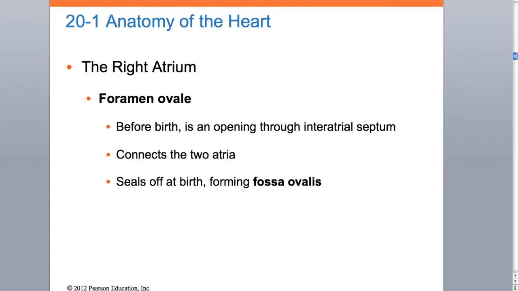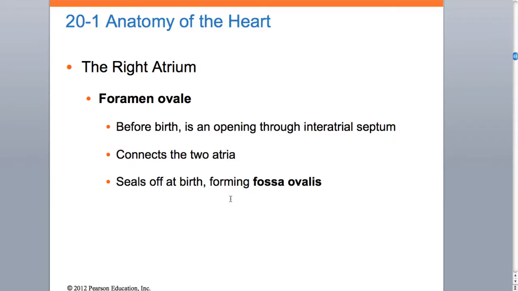Next slide. Now, this is what I mentioned about structures. Here's one structure. When you are an infant, when you are a fetus inside mommy's tummy, this is what you have. You have a foramen ovale. That's actually a hole. And you're going to find this foramen ovale in the right atrium. Now, once you are born, it seals off.